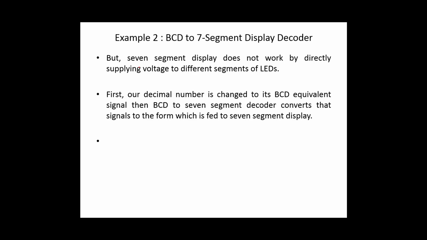So we cannot directly connect a 7-segment display with the BCD source of information. First, our number must be changed to its BCD equivalent signal, and then the BCD to 7-segment decoder converts that signal to the form which is fed to the 7-segment display.